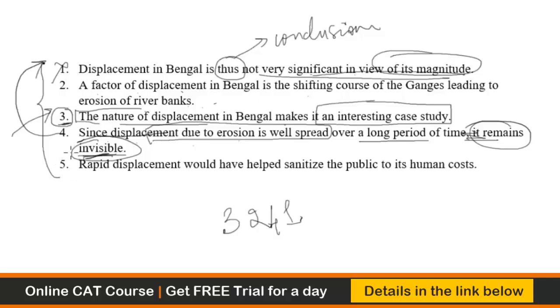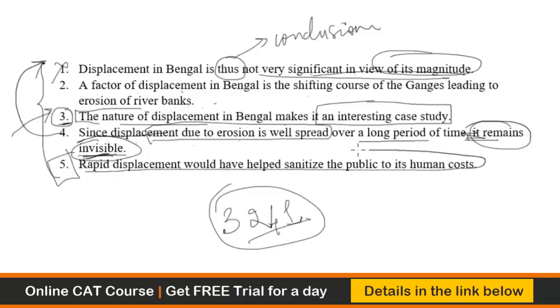And if you look at statement 5, even without this arrangement, you get a feeling that 5 is not fitting into the sequence. It says rapid displacement would have helped sanitize the public to its human costs. Now the point is rapid displacement would have helped sanitize the public. The human cost and sanitizing of the public is nowhere connected with any of the other sentences.